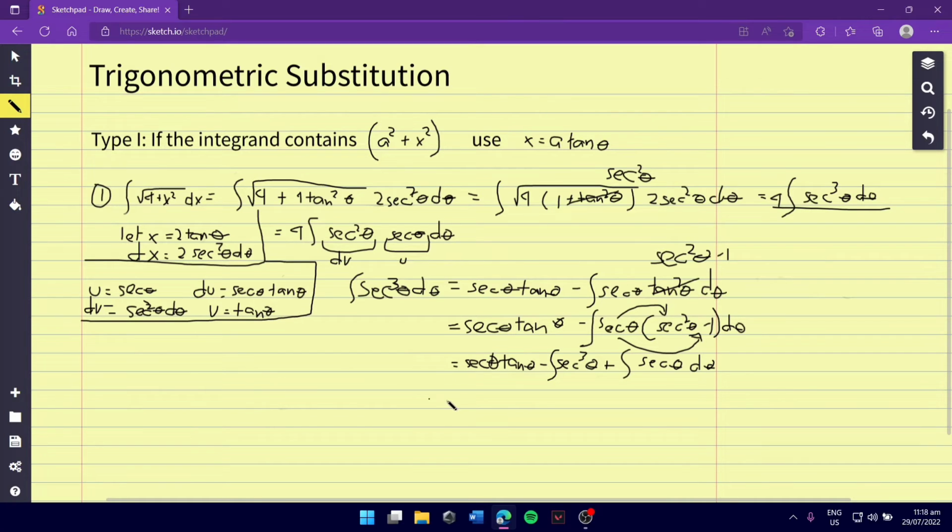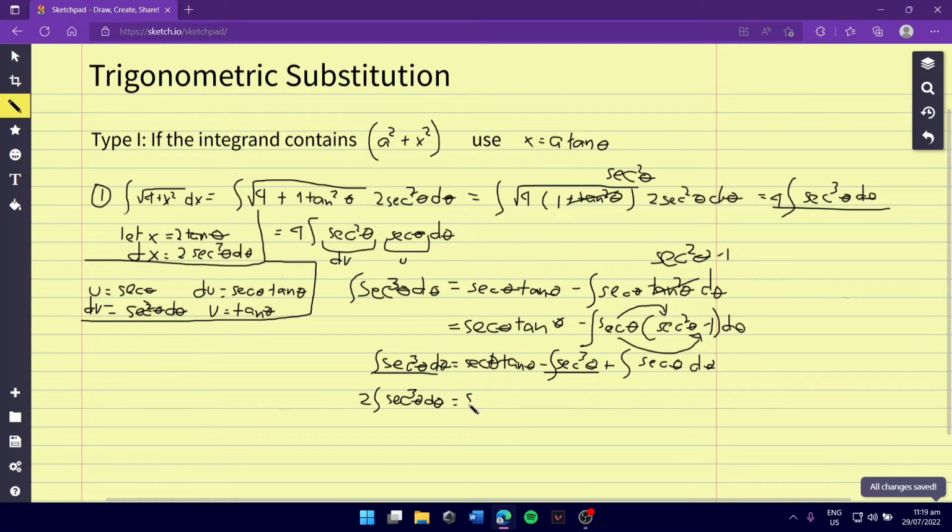Alright. So next, since this is secant cube theta d theta, we have here secant cube theta, and then we also have here secant cube. So we will combine that. So this will become 2 times the integral of secant cube theta d theta. And then copy the remaining terms.